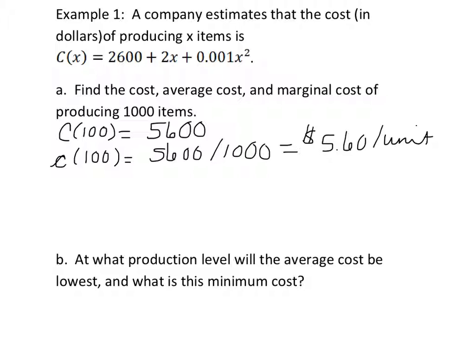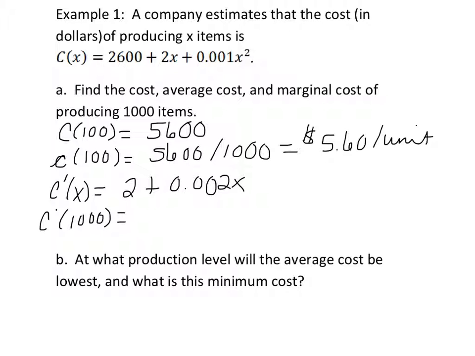All right, and then we're asked to find the marginal cost. So first I'm going to find the derivative. The derivative in this case is going to be 2 plus 0.002x. And now I'm going to plug into that the 1,000. And when I do that, I get $4 per unit.